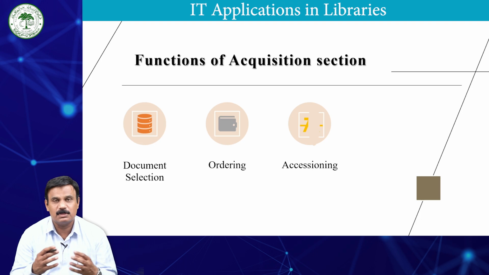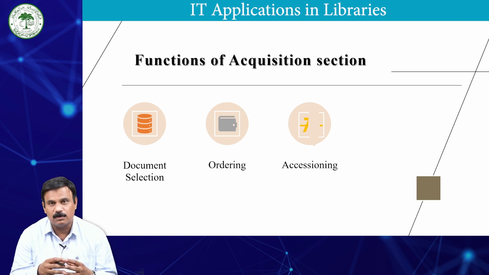If it is a university library, they will ask for requests from the heads of the departments. The head of the department will request faculty members according to the requirements. So once we receive the requirements in the library, a committee will select the books among these requests by considering the budget and the availability of the documents.